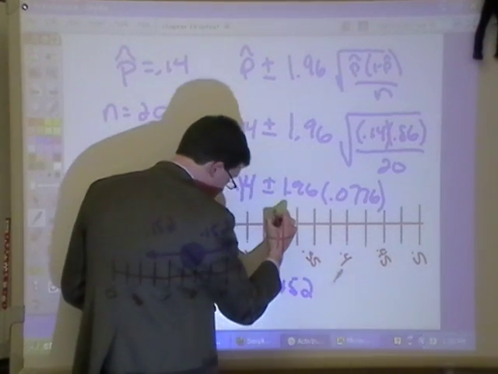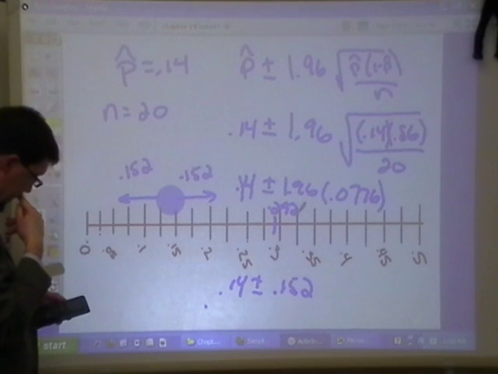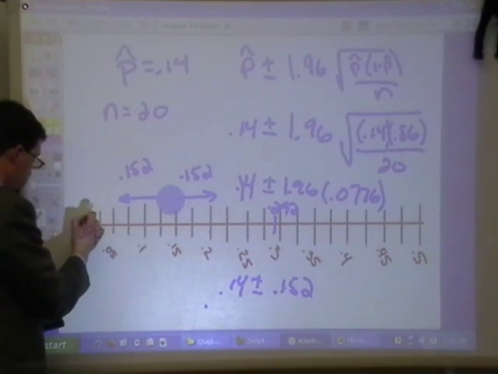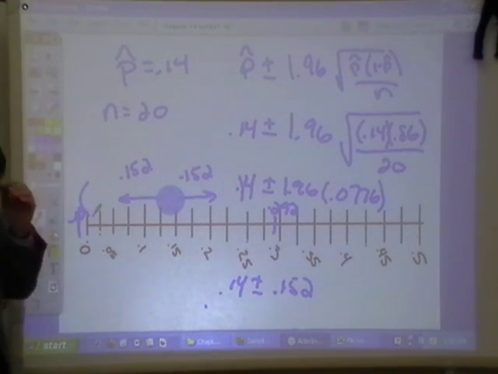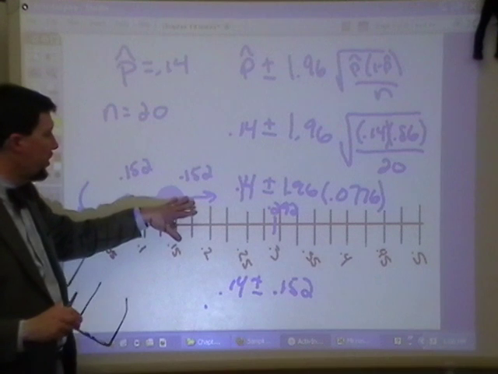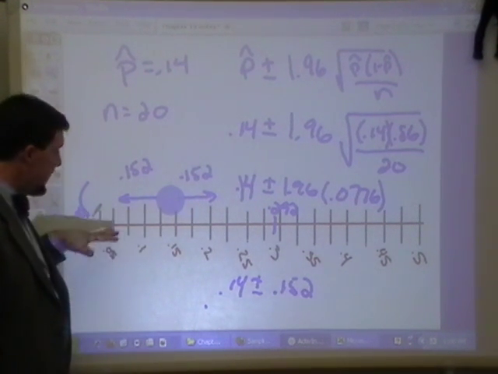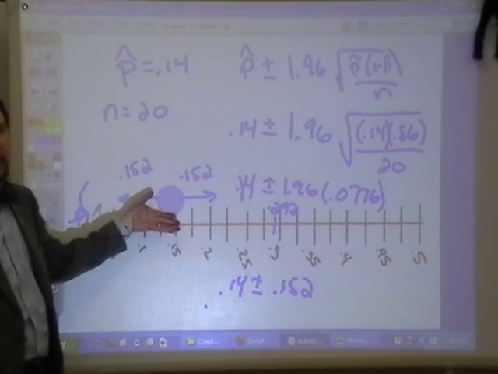If I go the other direction, I'm at negative 0.012 down here. And that's my buffer zone right there. So I created this area called a confidence interval, and I'm pretty sure it's going to be in that range. That's my goal here.